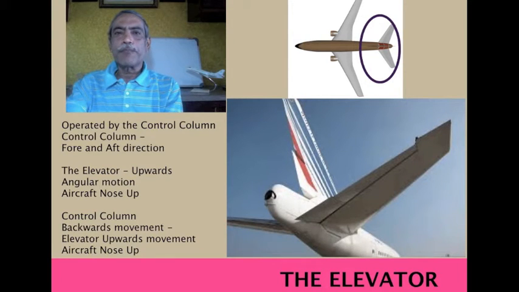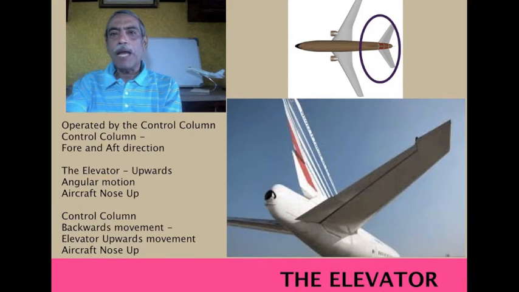When the pilot pulls the control column backwards, the elevator moves upwards in an angular motion. This leads the aircraft nose to pitch up, resulting in aircraft gaining height.